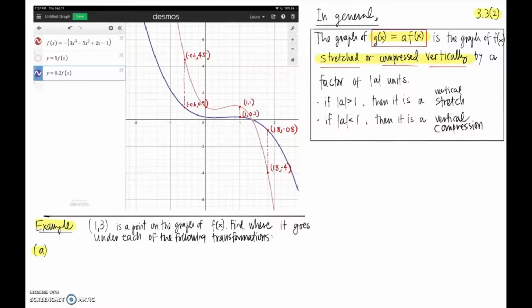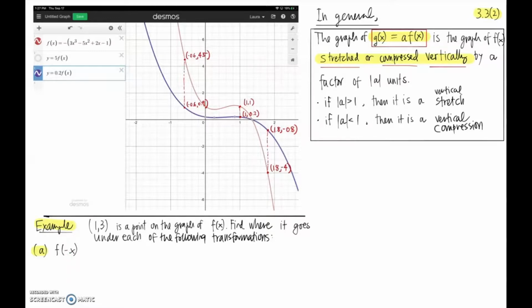Okay, for our next example, we're going to think about the point (1, 3) being a point on the graph of a function f of x. We're going to look at a series of transformations and find out where this point (1, 3) travels to under each of them. Here's our first transformation. I'm remembering from last section that this is some sort of reflection.